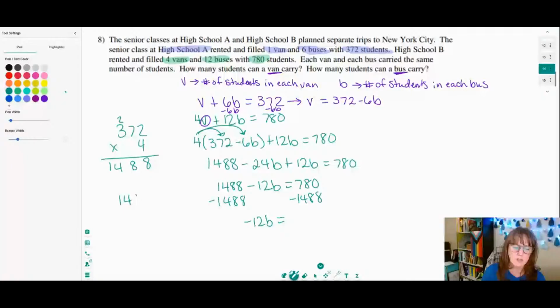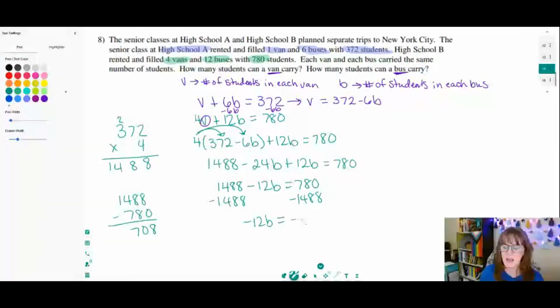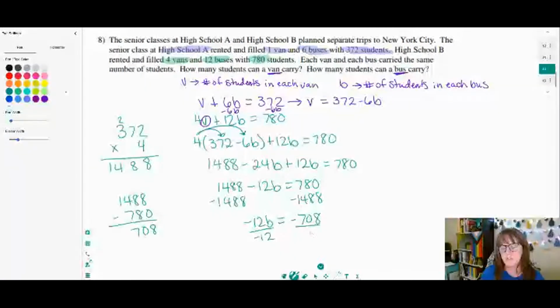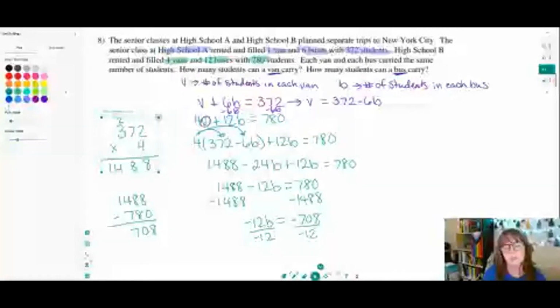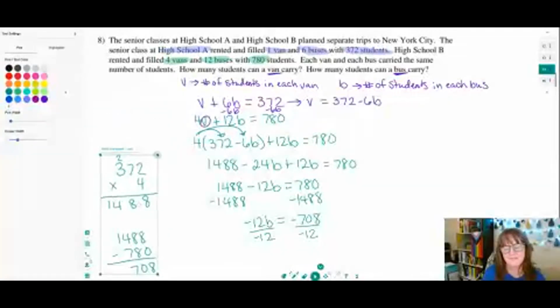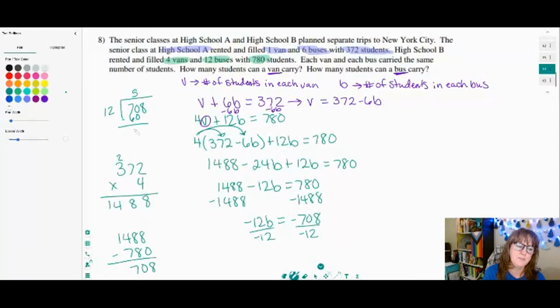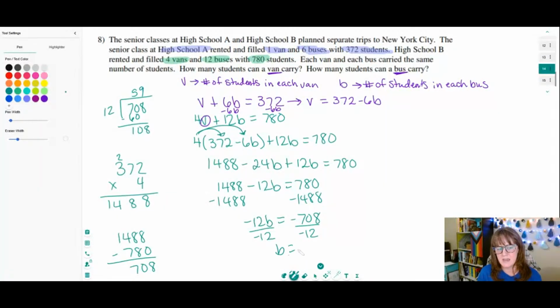So that's going to give me 708 net. And then divided by negative 12. Trying not to use a calculator, to be honest, that's what I would normally do. So 708 divided by 12, that goes in 59. Okay, great. So B equals 59.